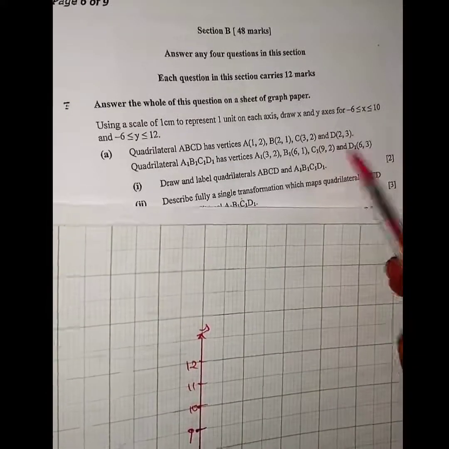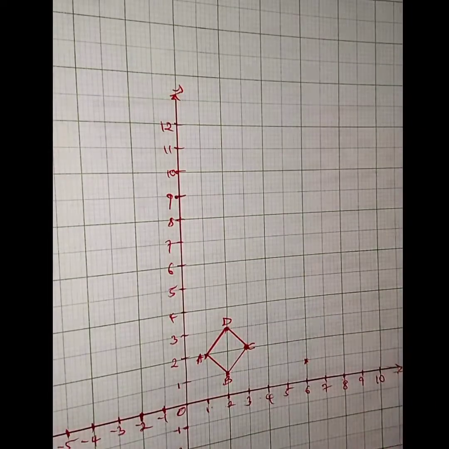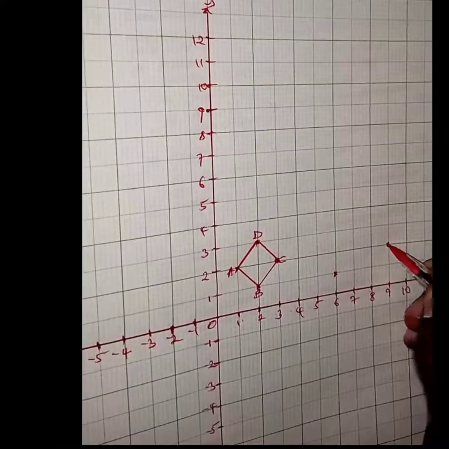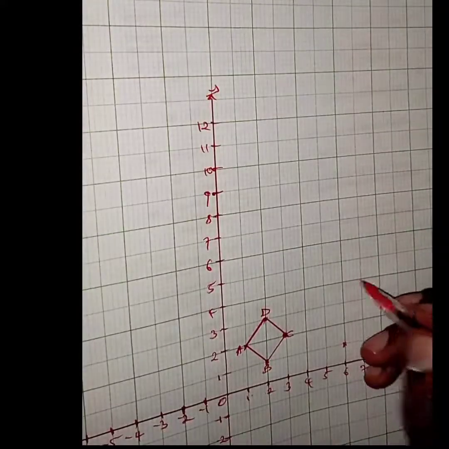Then (9, 2): your 9 is here, your 2 is there. Then (6, 3): (6, 3) is here.